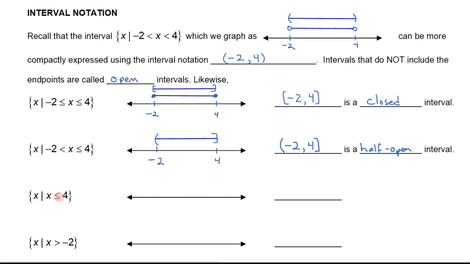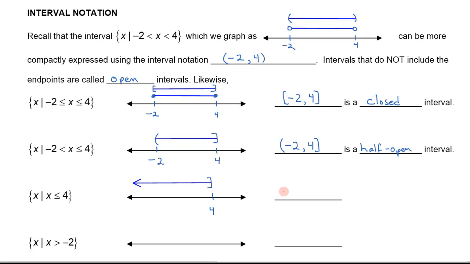All right, if I want the x's that are less than or equal to 4, that would be all of these values to the left of 4. And if I wanted to describe that in interval notation, I always start with the number on the left. So there really is a number, it just keeps going this way.